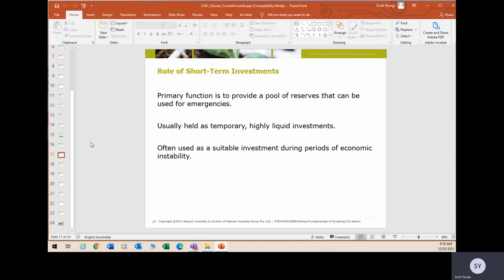So here in chapter 1, I think you saw the layout earlier, he emphasises here the role of our short term. Remember, short term is under 1 year. Now again, page 16, going across to page 17 is more detail, more specifics on this. So the primary function, of course, is a pool of reserves that can be used for emergencies.